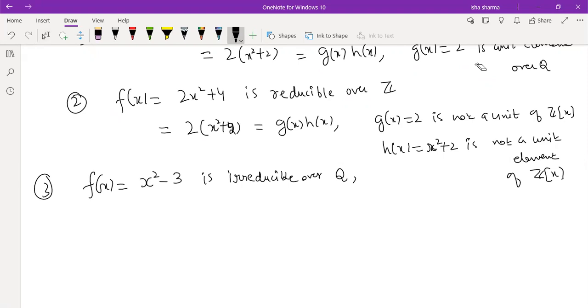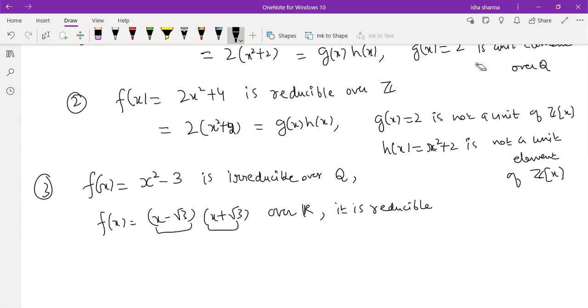So this is not factorizable, so this is irreducible over Q. But if I write this as x minus root 3 times x plus root 3, then over reals it is reducible, because I know square root 3 belongs to the reals. So these individual g(x) and h(x) belong to the polynomial ring R[x], right?